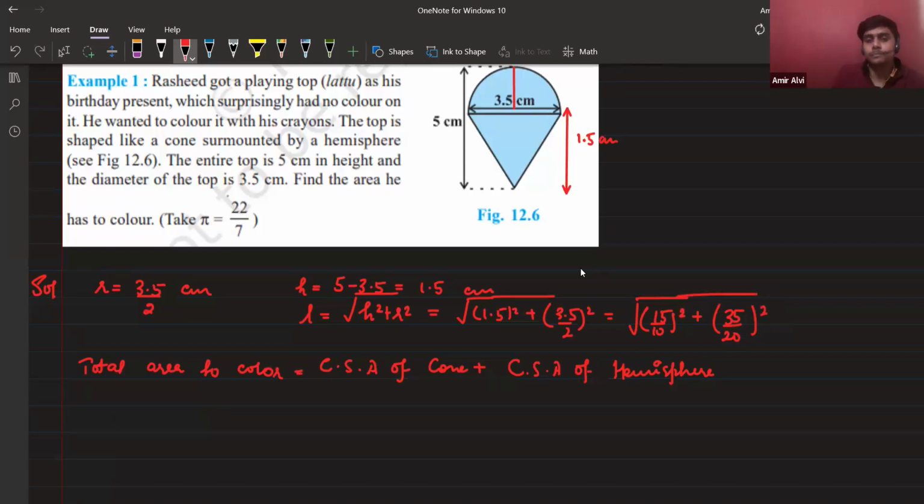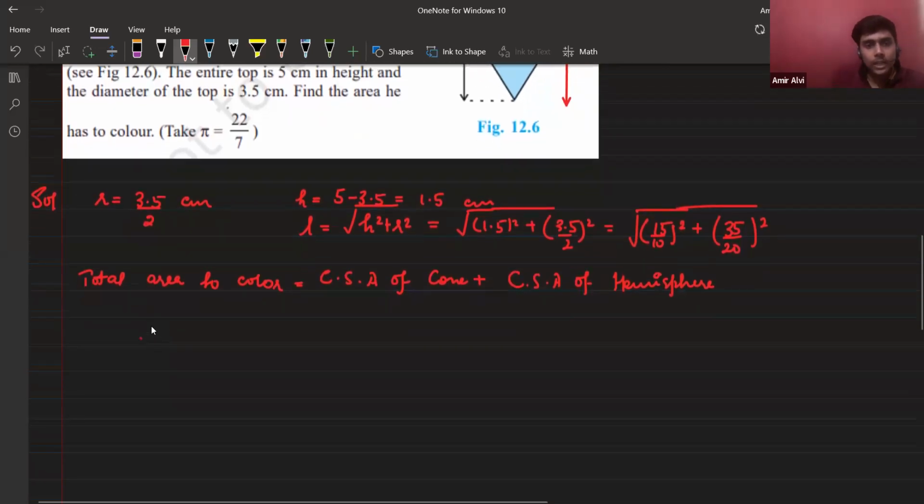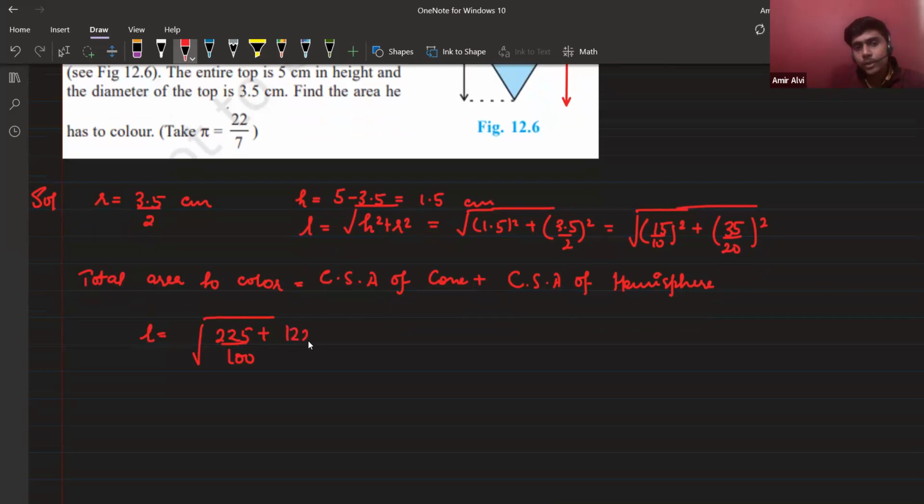Yes or no, everybody? So your L will be equal to under root of 15 square is 225 by 100 plus 35 square is 1225 by 200.